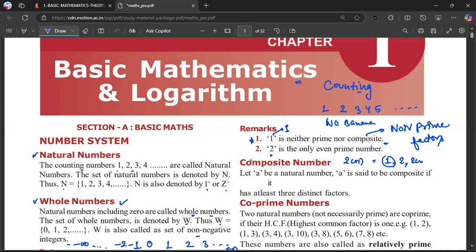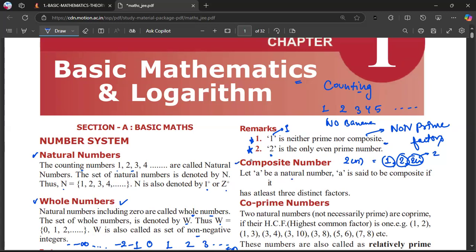So there are three factors, right? If there are three factors, then the number cannot be prime. But in the case of 2, the n is 1, so this becomes 2 only. So there will be only two factors for 2. That's why 2 is able to become a prime number. So this is one more important point, right? Clear? Yes, sir.